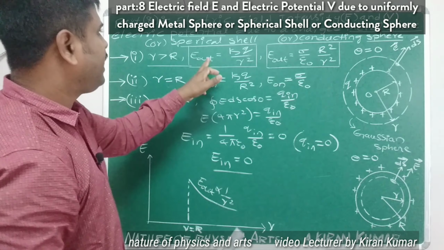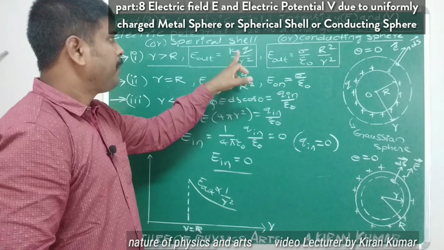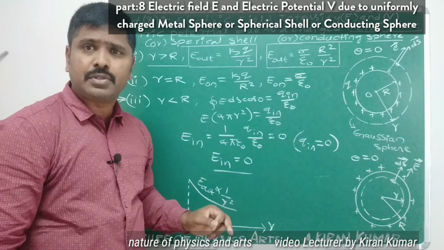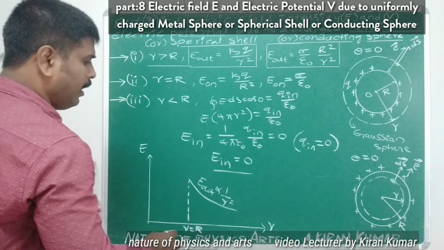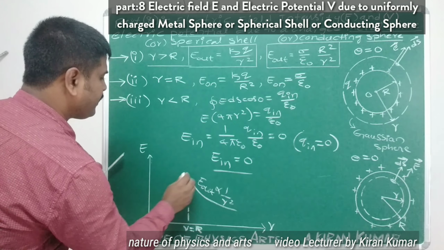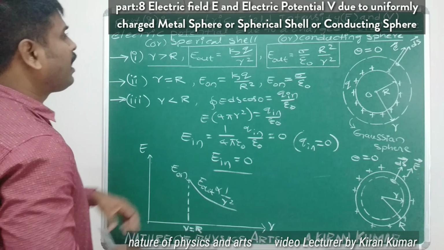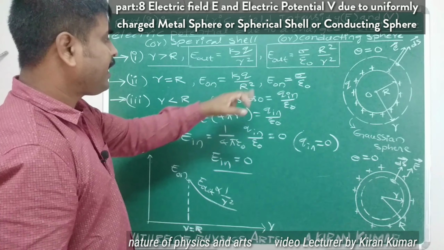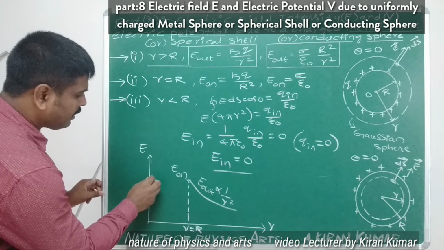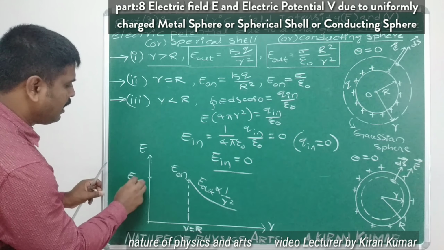See, from this equation, E_out is inversely proportional to r square because k is constant and q is also constant. So next, this is E_on, the electric field intensity on the surface. How much did we get? That is kq by capital R square. That value we can locate here. This is E_on.